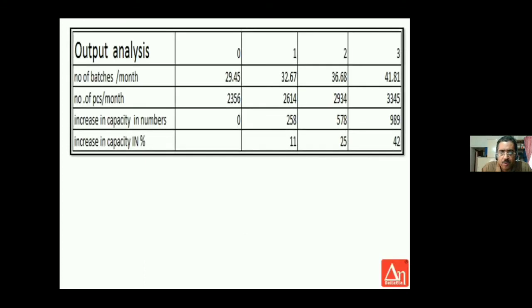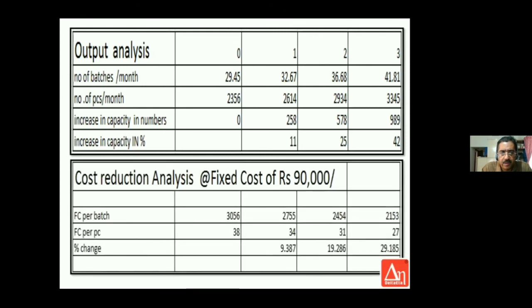Now we will see how this is just an output analysis. Output has increased by 42% only by acting on the no action point time. Again, we'll see here what is the fixed cost per batch.